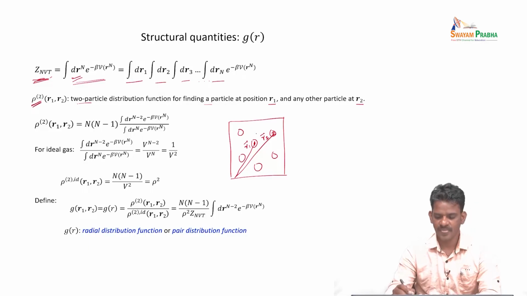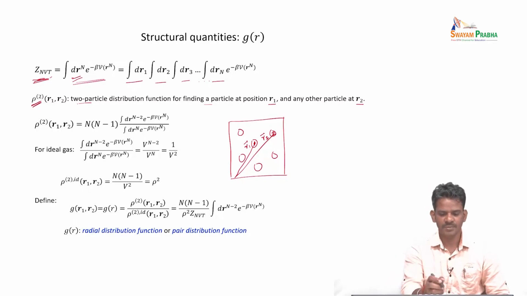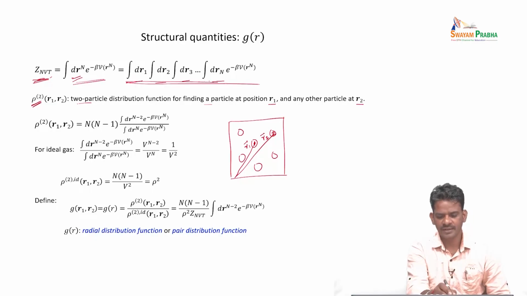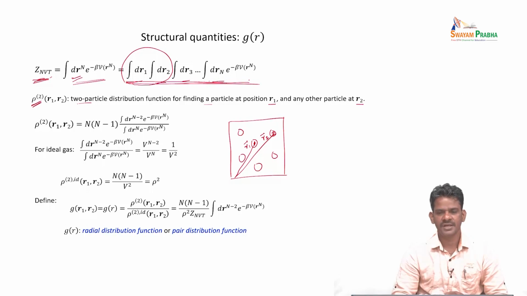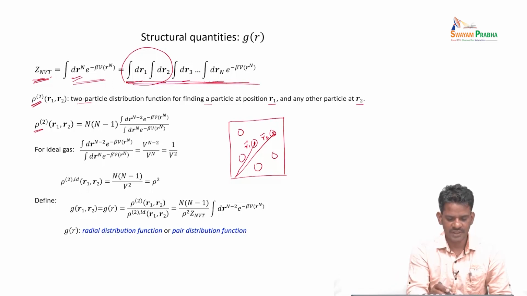The way you do that is, you fix 2 particles and then let the other particles move around in the entire phase space. That means instead of doing the integral over all the particles, we keep 2 of them chosen and integrate over the rest of them. Mathematically it can be shown as this: rho 2 is the integral over all the n minus 2 particles.